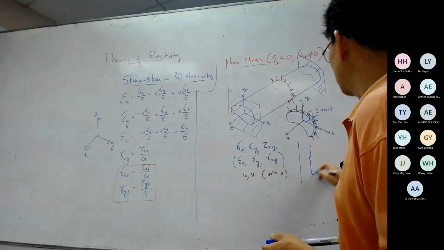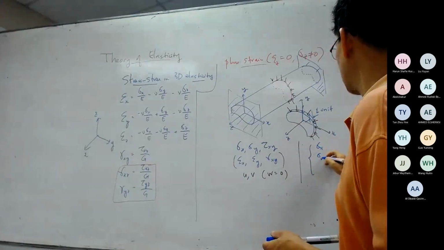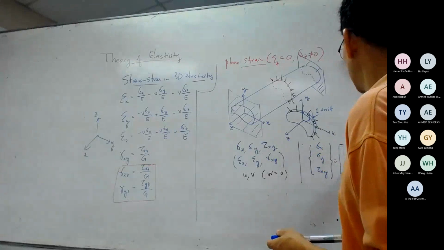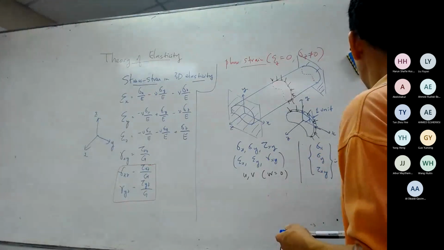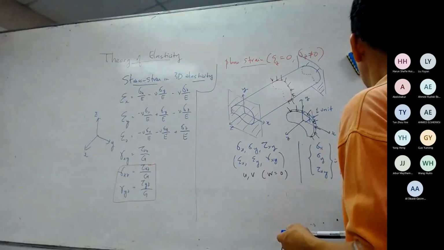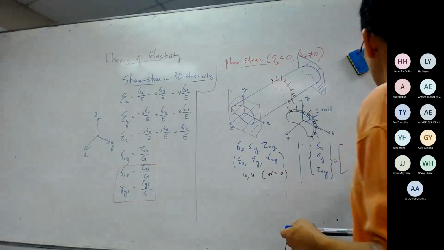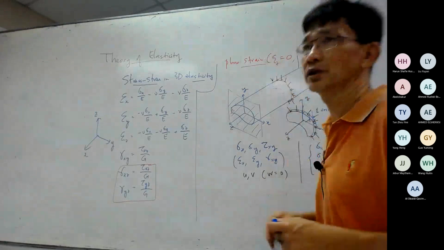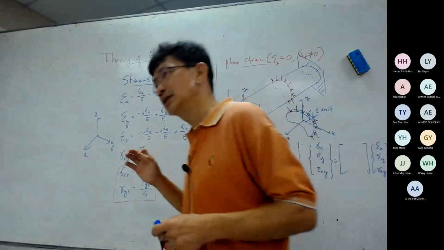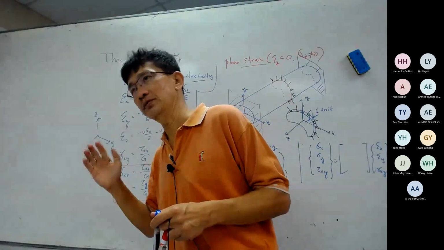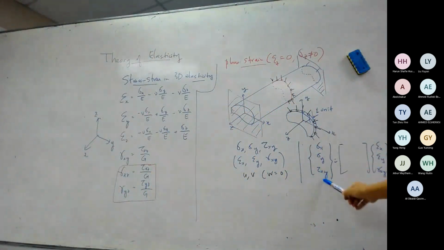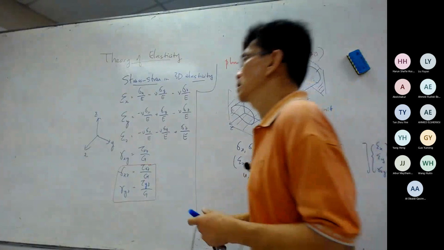The stress-strain relations that we need are also this, but the content here will be different because of the conditions of plane strain, which is different from plane stress. So how do we get these relations from these 3 basic ones?